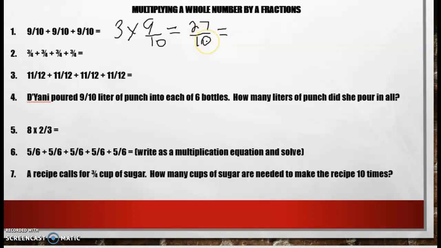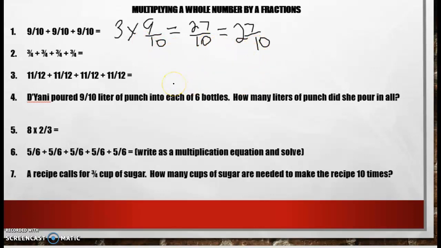Because I'm working with groups of 10. 10, 20. There's 2 groups of 10. That lands you on 20. And if you're at 20, then you're going to have 7 left out of the next group of 10.